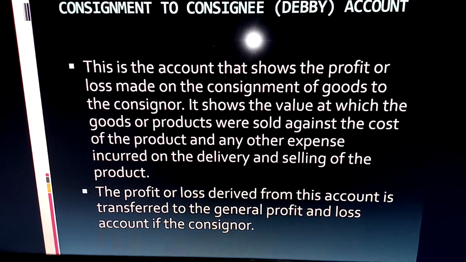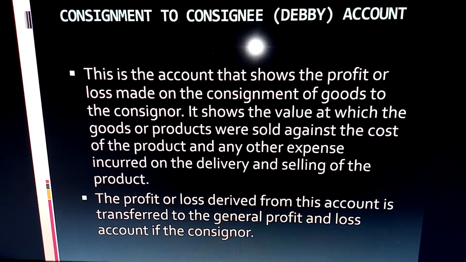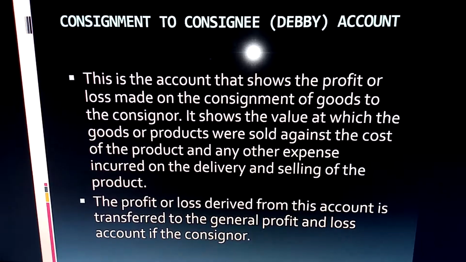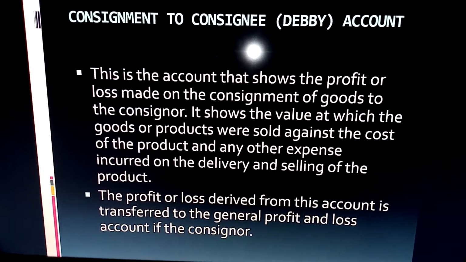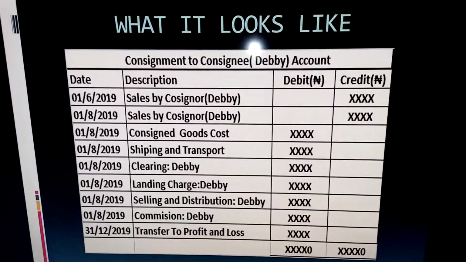So here we record the sales made by the agent, and we also record all the expenses, including the cost of the product sent. At the end, we'll be able to derive the profit made on the goods sent to the consignee. So here is how it looks.